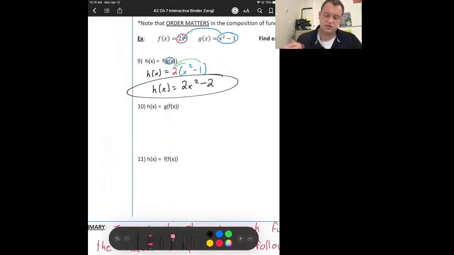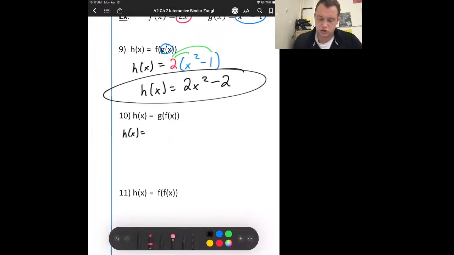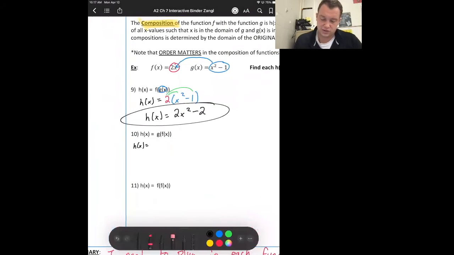Now let's look at this the other way. Now it says h of x is equal to g of f of x. So now my f of x is on the inside here. So that means that my f of x is now going to take the place of the x value in my g of x.